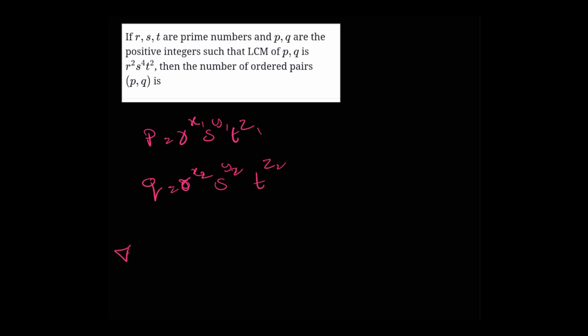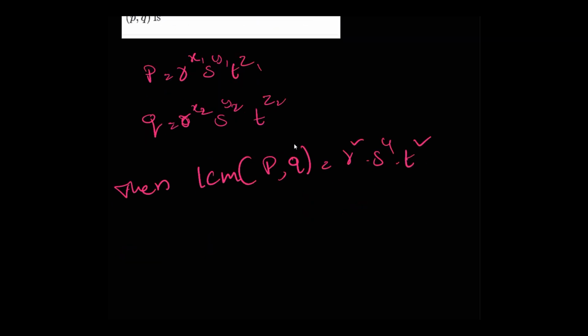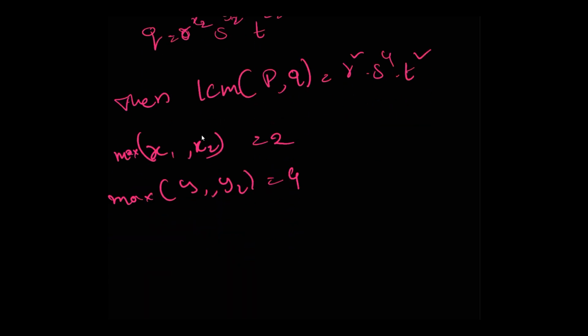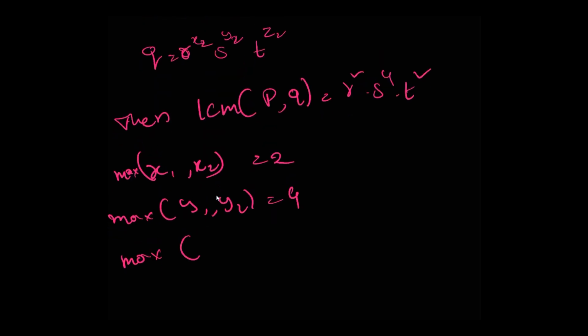Then the LCM of P comma Q equals R square into S power 4 into T square. Then the max of x1 comma x2 will be 2, the maximum of y1 comma y2 equals 4, and the maximum of z1 comma z2 equals 2.